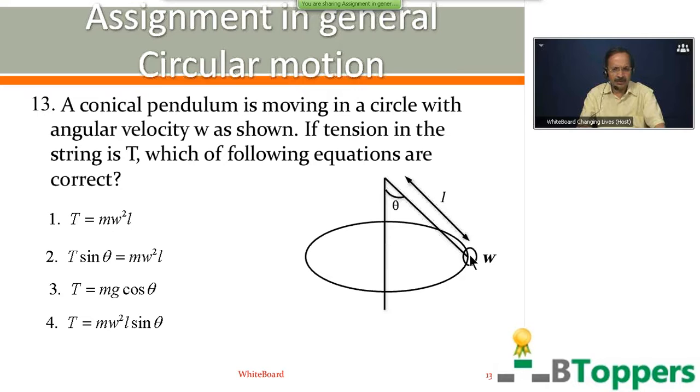So you have to assume that, as I already discussed about the conical pendulum earlier, here the bob of the pendulum moves in a horizontal circular path, in a horizontal plane, such that the string makes a constant angle theta with the downward vertical. So this vertical line represents the imaginary line passing through the center of the circular path. Come on, try the question.